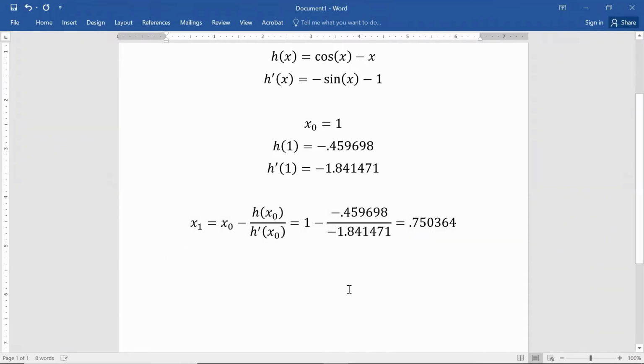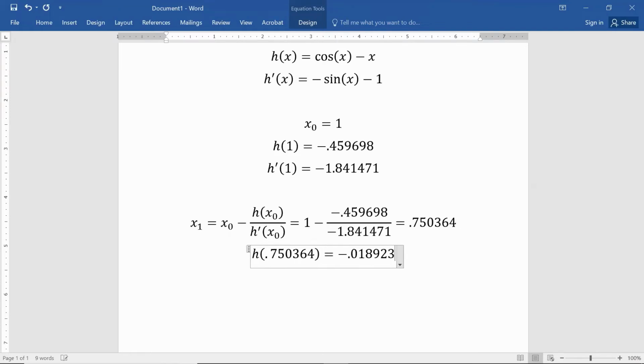Now let's take some calculation, but we can do this. This is called h again. h, plug in 0.750364. You're going to get negative 0.0189233.